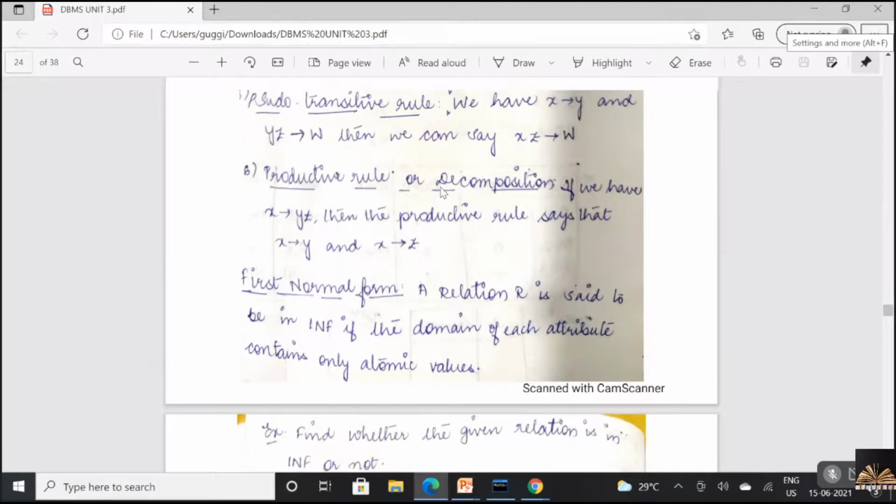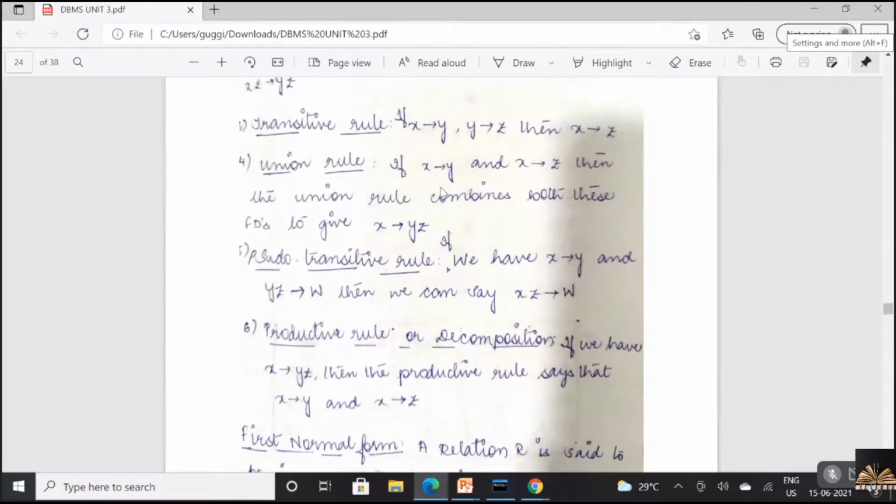And the last one is the pseudo transitive rule.